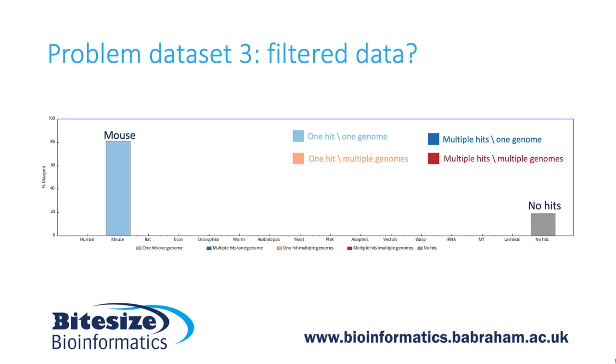What we think has happened is that the data submitted to the Genome Archive as a FastQ file has actually been filtered, and all the multi-mapping reads have been removed before it was submitted. We're not completely sure of this, but this seems to be the most probable explanation for this data set on cursory inspection.